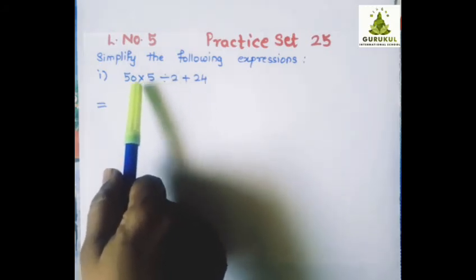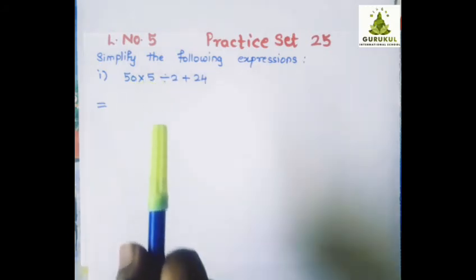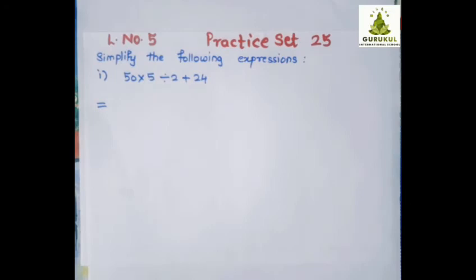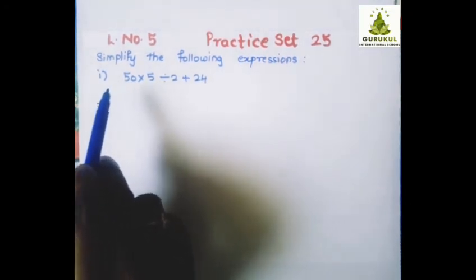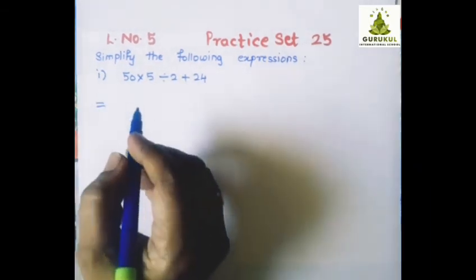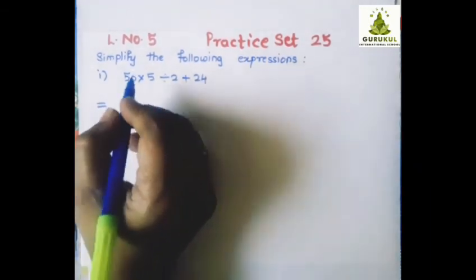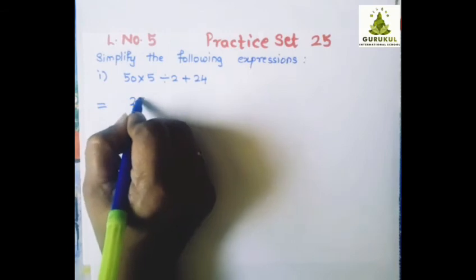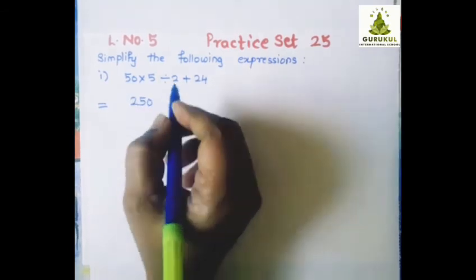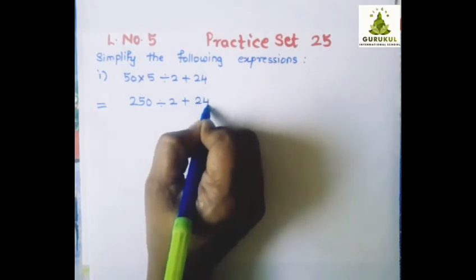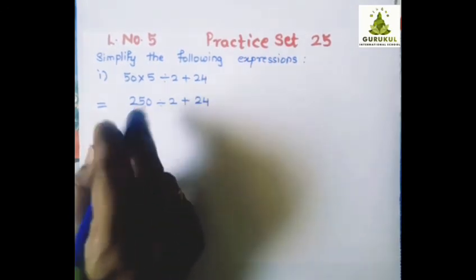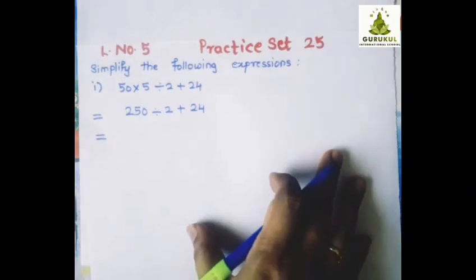Both are there, multiplication is also there, division is also there, but we have to follow the multiplication first because it is coming first from the left hand side. So 50 multiplied by 5, 5 5s are 25 and 1 zero on that, divided by 2, remaining things we have to write as it is. So 250 divided by 2 plus 24.